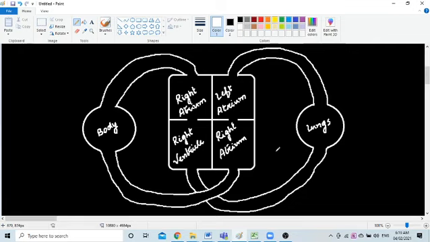All right, now let's say we are getting impure blood to the right atrium. From here it goes to the right ventricle, and from here it goes to the lungs.